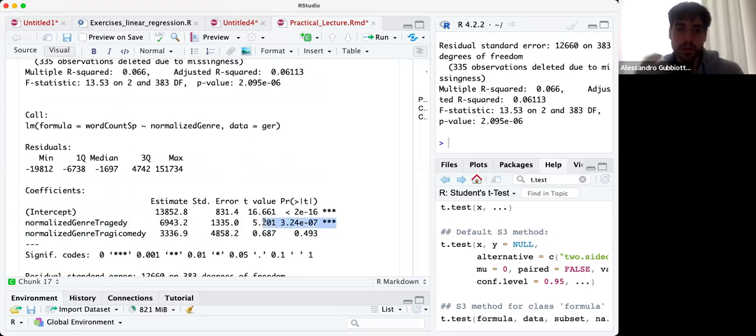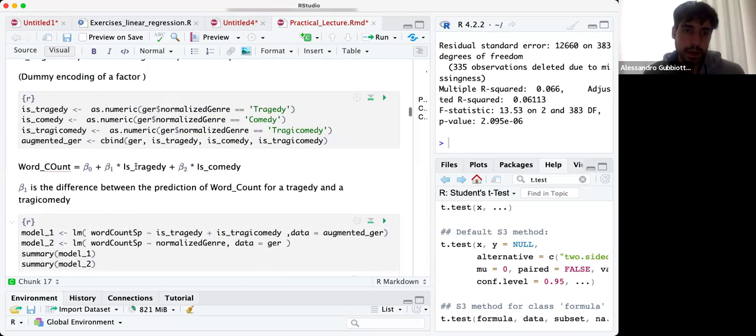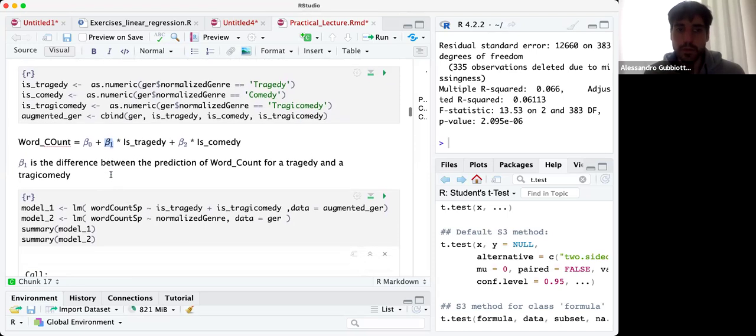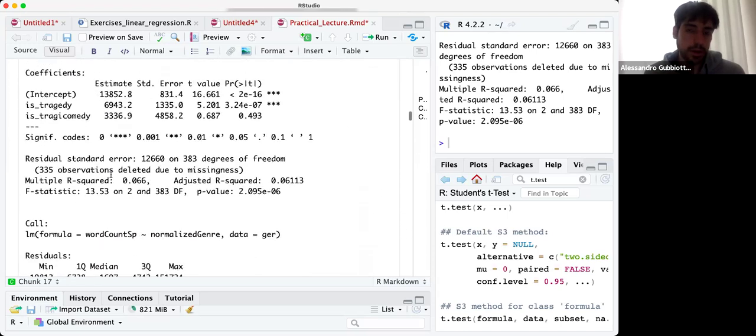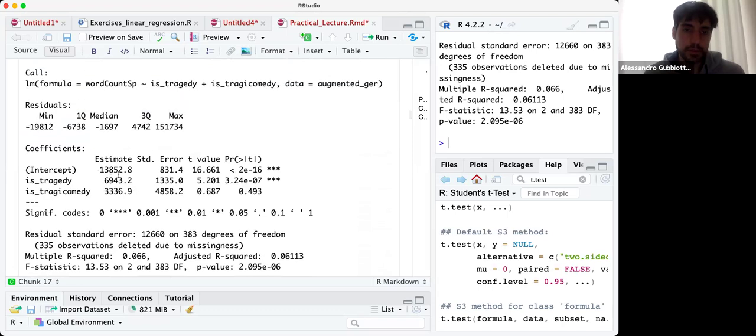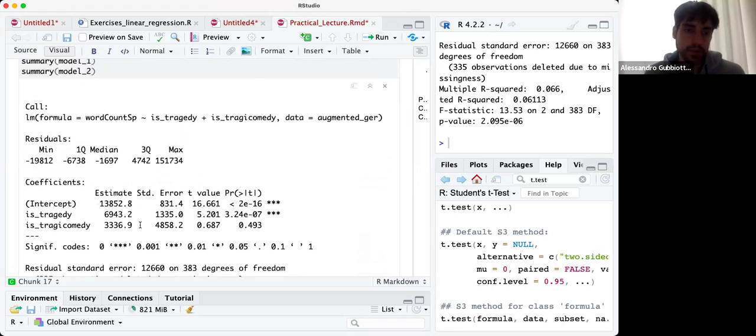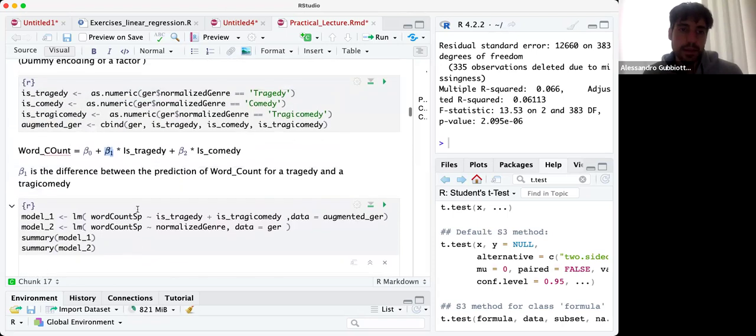So if the model were true, this is a strong hint that the beta 1 that we have written here is different from zero. I mean, because this is an estimation of the true beta 1. So in this case, recall the interpretation of beta 1.